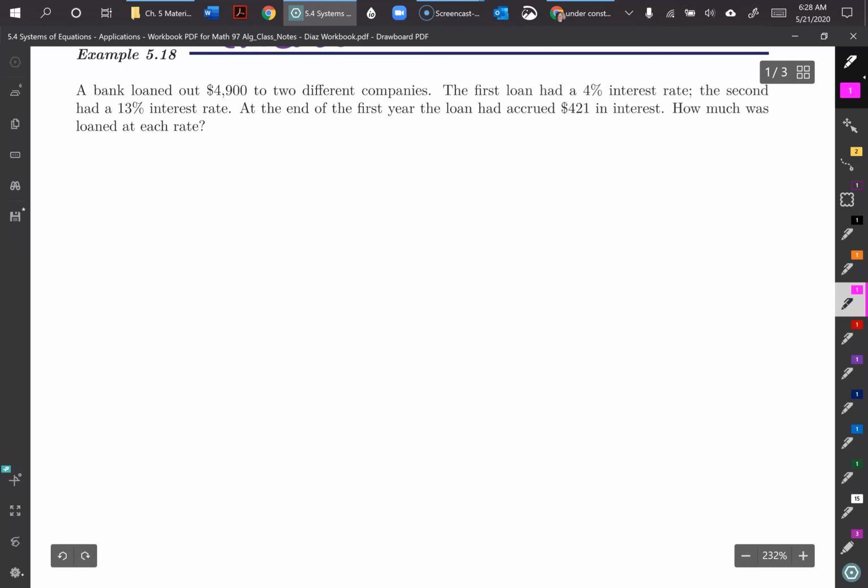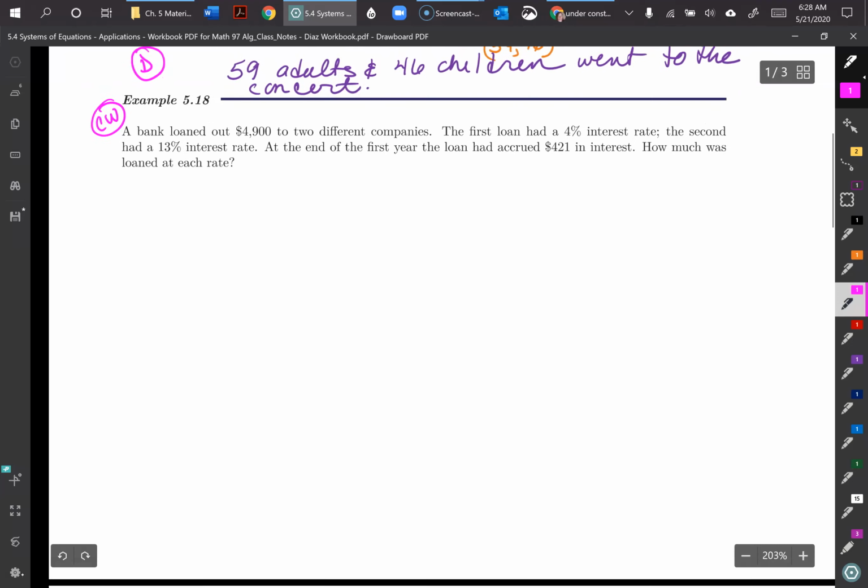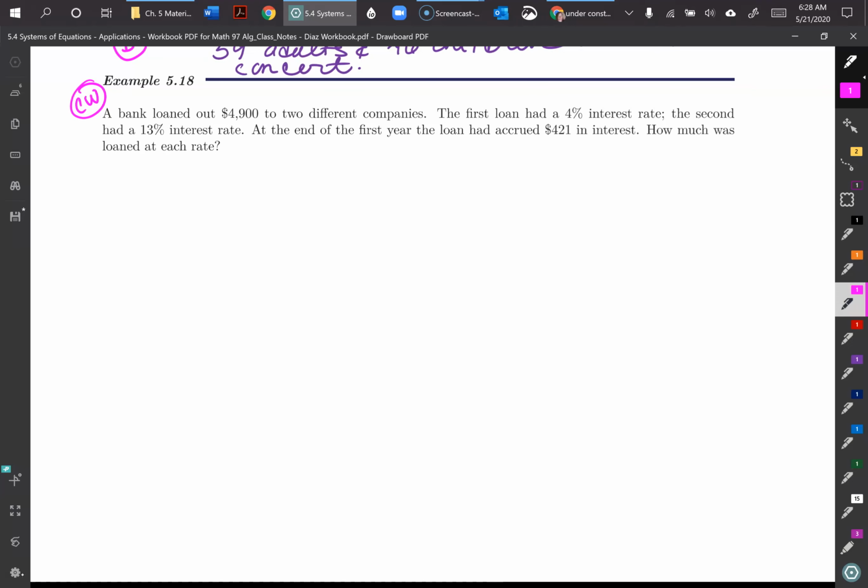So pause the video, do it as classwork, but set it up as a system. You can do it as the x plus y. It's the same type of problem with the quantity equation and a value equation. So that'll be your system. And then you can solve it by substitution. You could graph it. You could choose whatever method you want, actually.